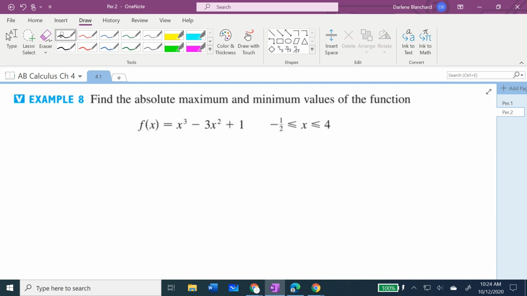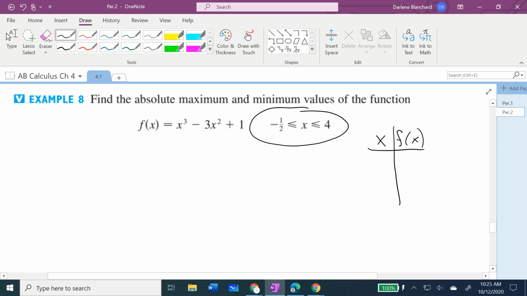Once we determine where to look, all you need to do is make a table of values and find all the y values for the points that matter. The points that matter are going to be the beginning of the interval, the end of the interval, and any critical numbers between them.